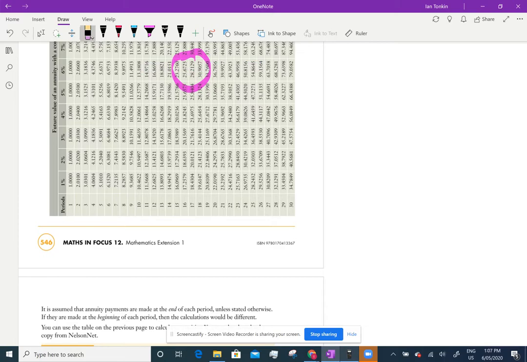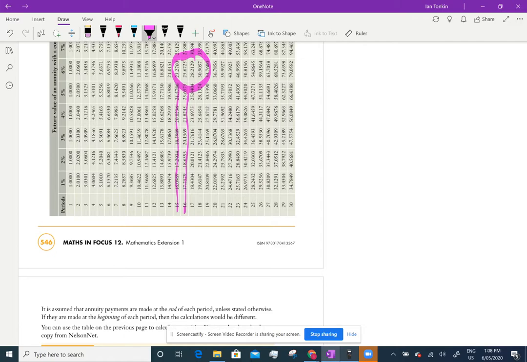So if she puts it in, or whoever puts it in, for 16, she'll get 25.6, and if puts it in for 15, 23. So they're going to need to put it in for, and they've said 18.